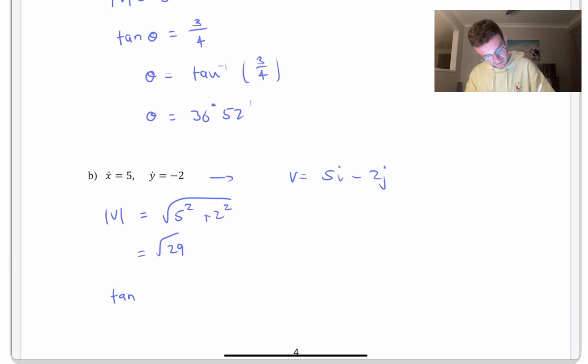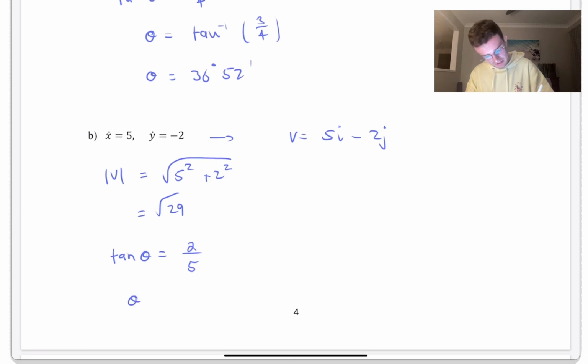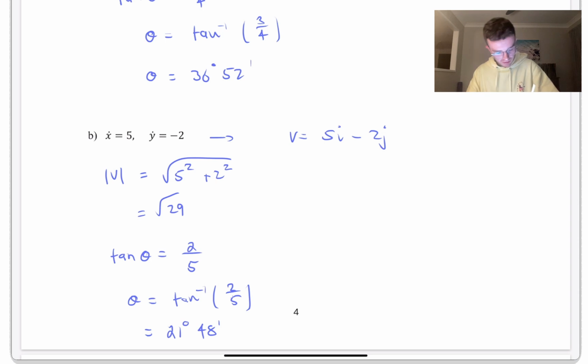And tan of theta is y on x, so 2 on 5. So theta is tan inverse of 2 on 5, which is 21 degrees, 48 minutes. But this projectile is going down, it's got a negative y velocity, so we're going to put a negative on that.